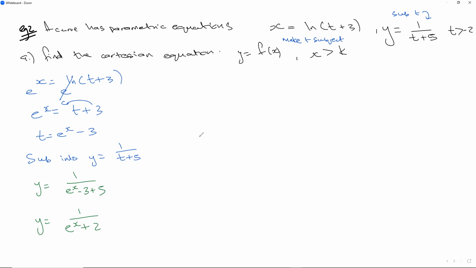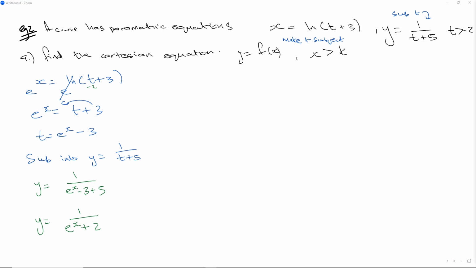When t is equal to negative 2, then x is equal to ln t plus 3, which will become ln 1. So at some point, we can substitute that number in there, so negative 2 substitutes in for t over there.